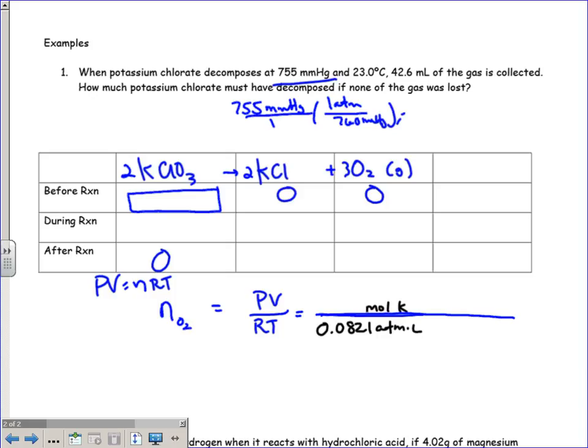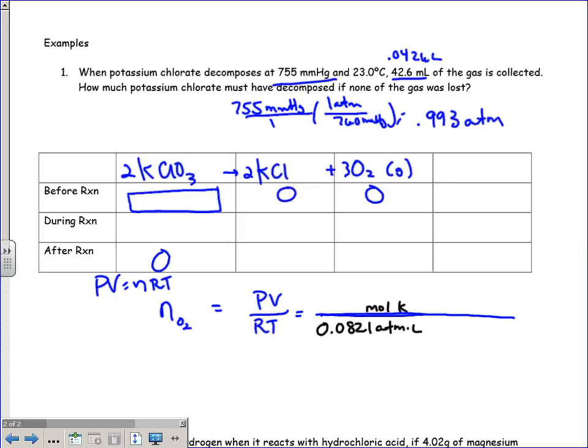Sorry, put your questions down in your calculator. I'm showing a pressure of 0.993 atmospheres. According to the universal gas constant, the volume of our gas needs to be in liters. So we'll move our decimal place over 3 places to get liters.